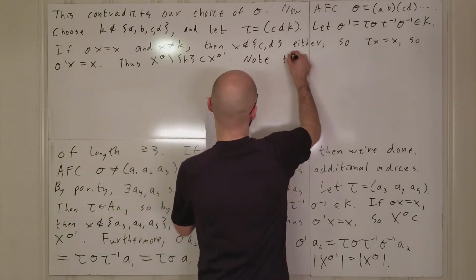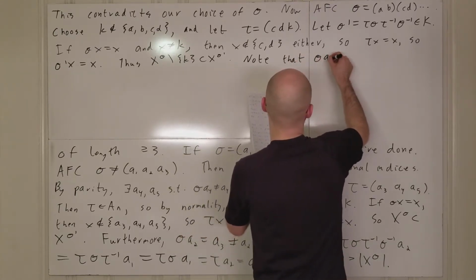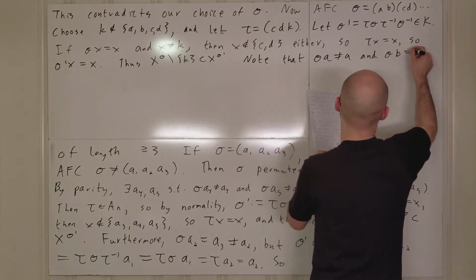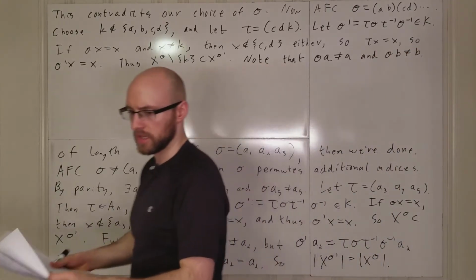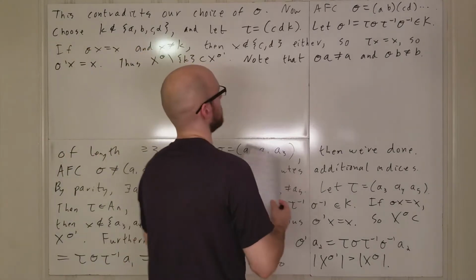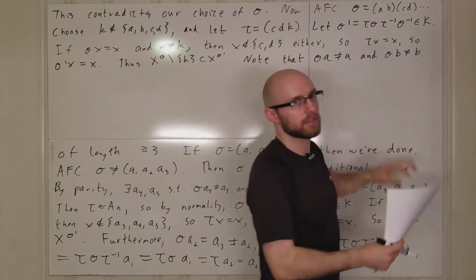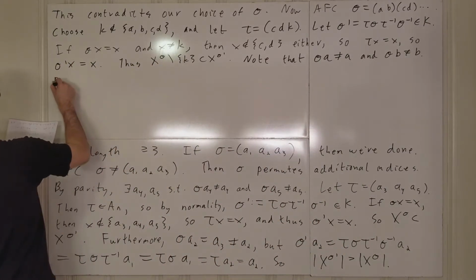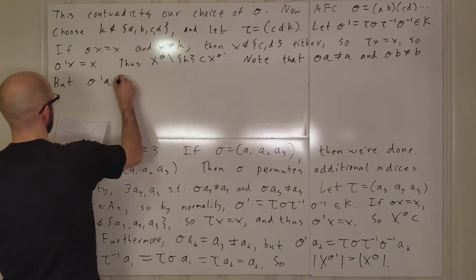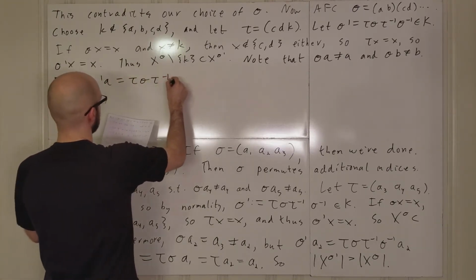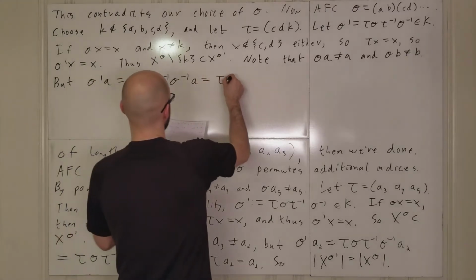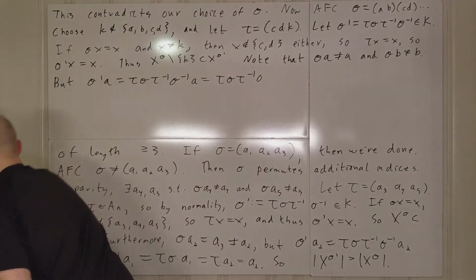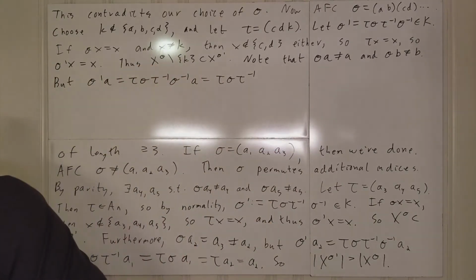Note that sigma a is not equal to a and sigma b is not equal to b. And that's because we have (a b) in a cycle and these are all disjoint, so a and b appear only in here and sigma flips them. But for sigma prime a, we go through this whole thing again. So tau sigma tau inverse sigma inverse of a. Sigma inverse of a, because it's just (a b), is going to be b.